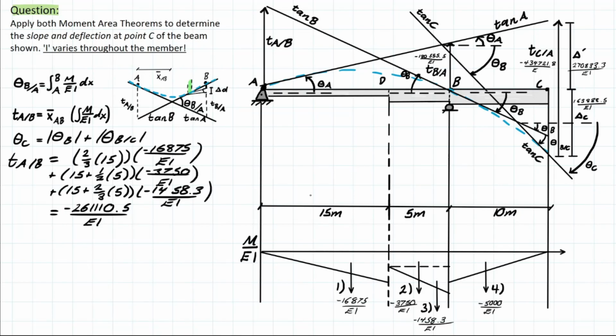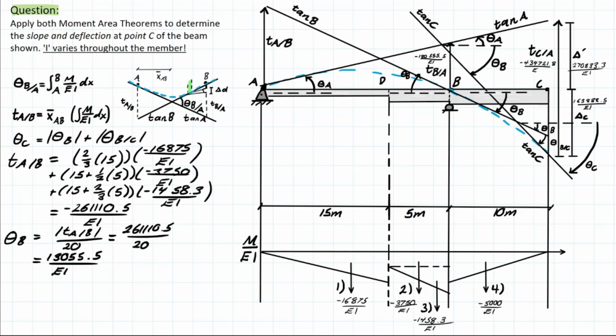Now that we have TAB solved for, we can finally solve for theta B, and that's simply going to look like this. We have an opposite over adjacent relationship, so theta B will equal the absolute value of the tangent deviation TAB over the length of 20, and we're neglecting that tan inverse value just since these values are super small, and we are just plugging these values right into the formula and solving for that theta B. And theta B will equal 13055.5 over EI.